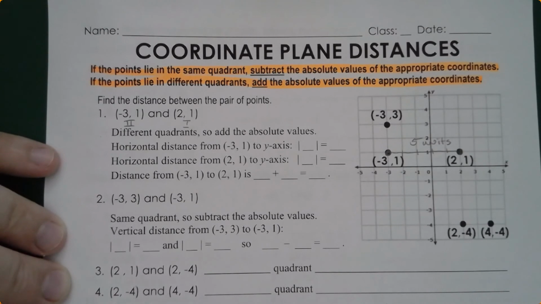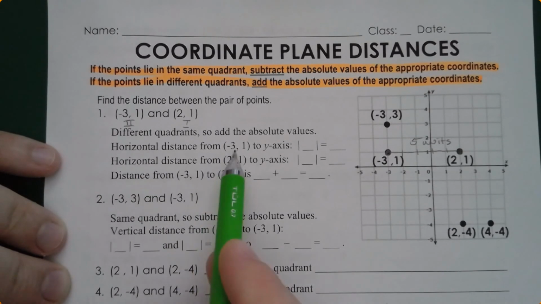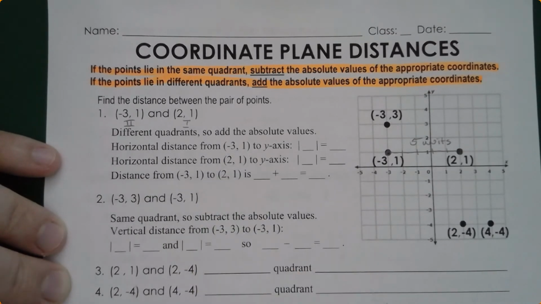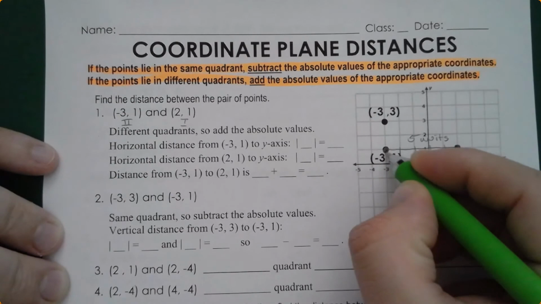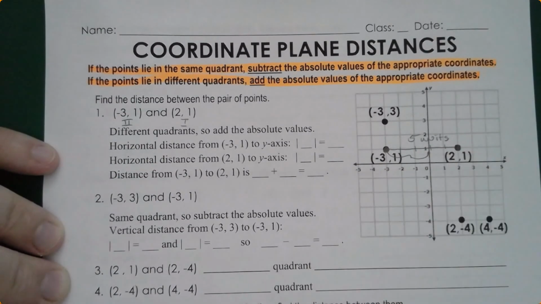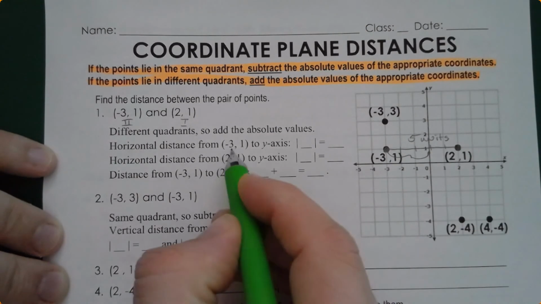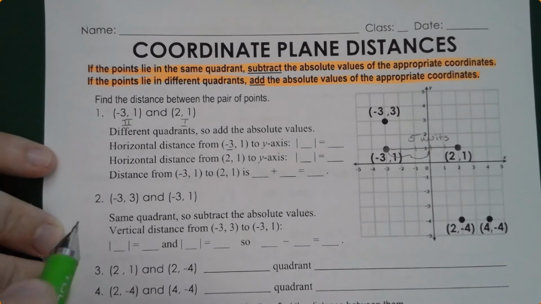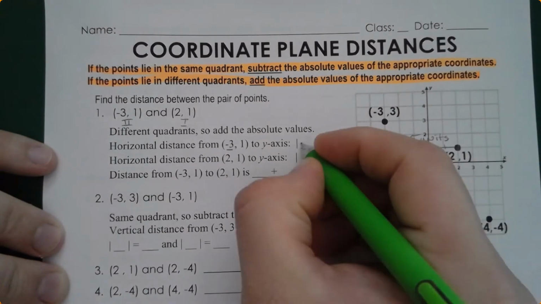Now, this states the horizontal distance from negative 3, 1 to the y-axis. What it's asking for is what's the distance from this point here to the vertical axis here. So we look at the x value. We take the x value and we substitute it in for the absolute value here.